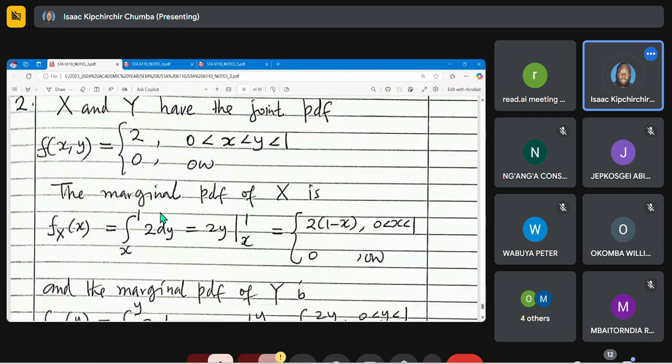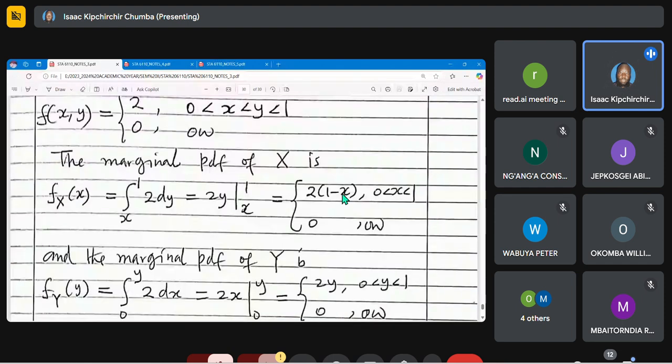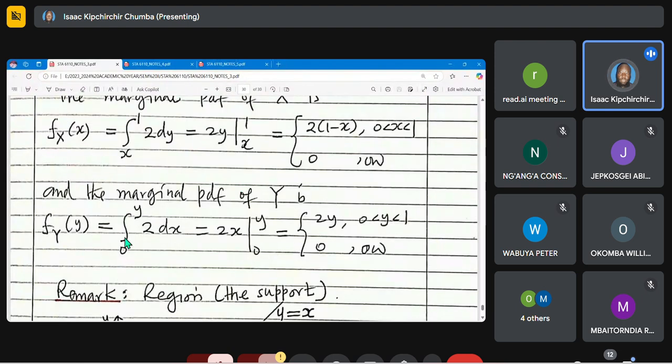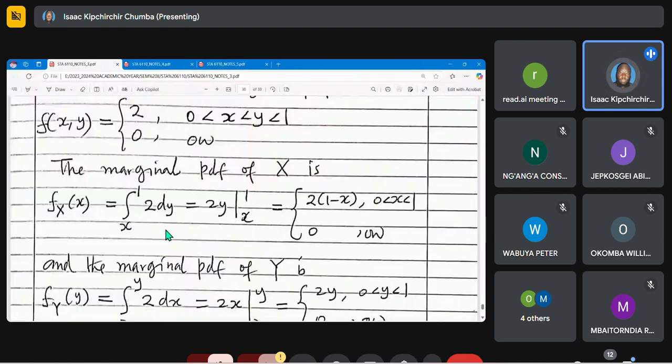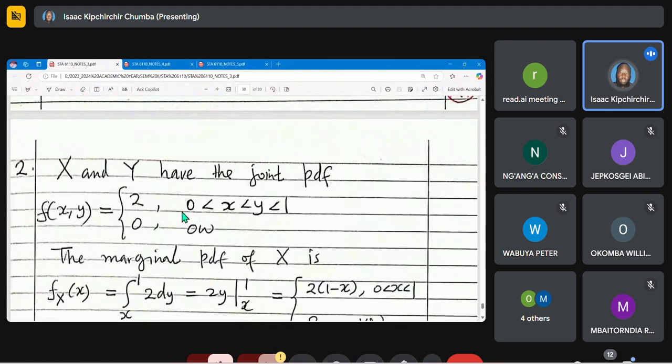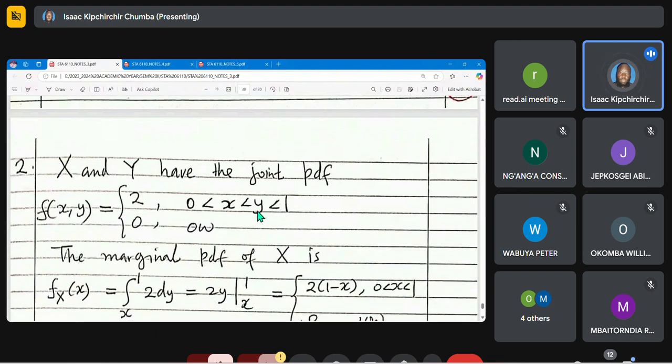If we are to get the marginal of x, you integrate the joint over y, and you can see the limits of y are from x to 1. So when you integrate and put in the limits, you get the marginal of x. And for the marginal of y, you integrate the joint over x, and the limits of x here are between 0 and y.